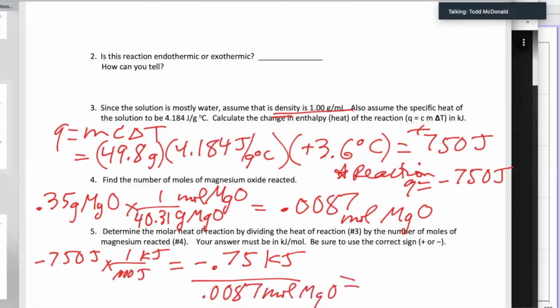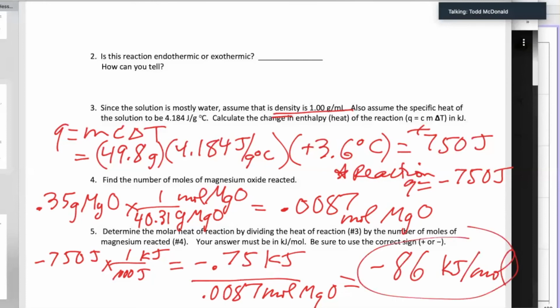When you punch negative 0.75 kilojoules divided by 0.0087 into a calculator, you end up, with 2 sig figs, with negative 86 kilojoules per mole. So based on magnesium oxide, that is how much energy is released per mole of magnesium oxide, right?